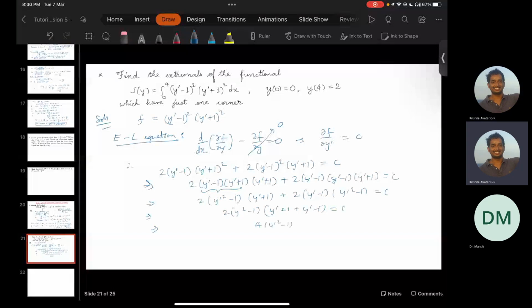So we'll have 4 y prime is equal to constant. So let's store this, and again let's use abused notation. We'll have y prime into y prime squared minus 1 is equal to constant c. So this is our equation that we are going to use further.